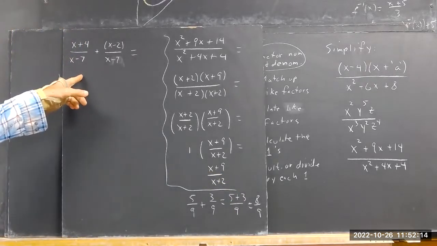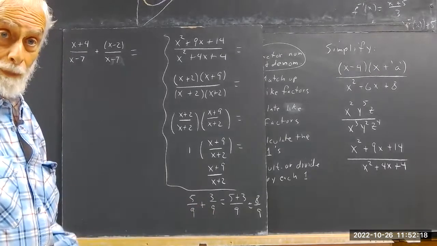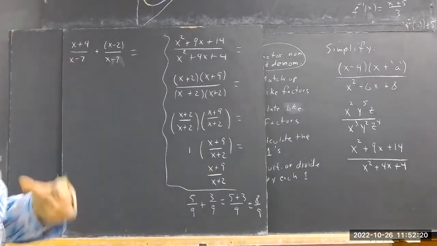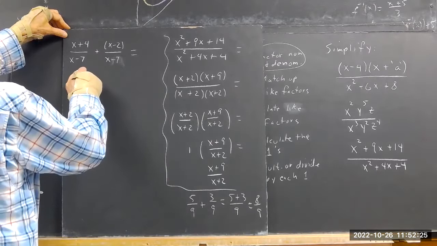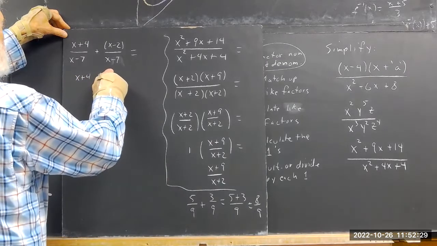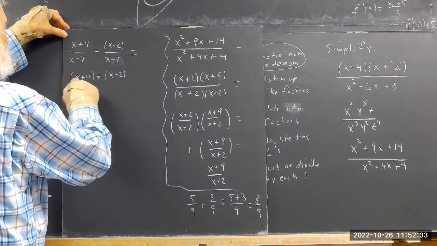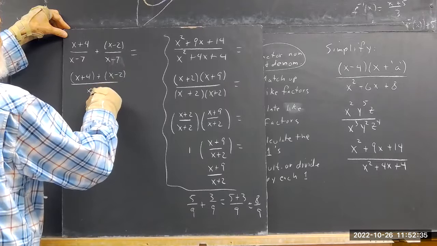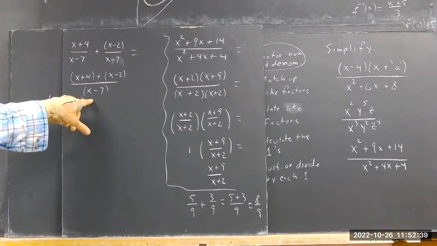Well, here we have the same denominator. So what did we do here? We added the numerators. What are we going to do here? We're going to add the numerators. Okay, so that's... Now it's x minus 7.